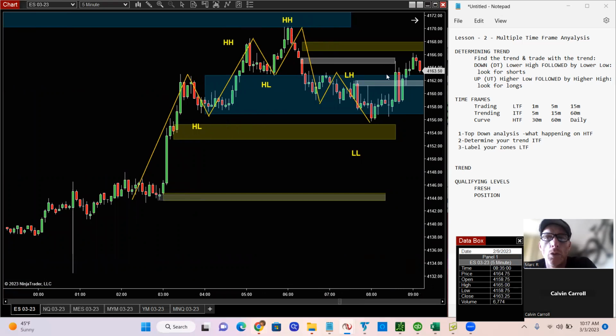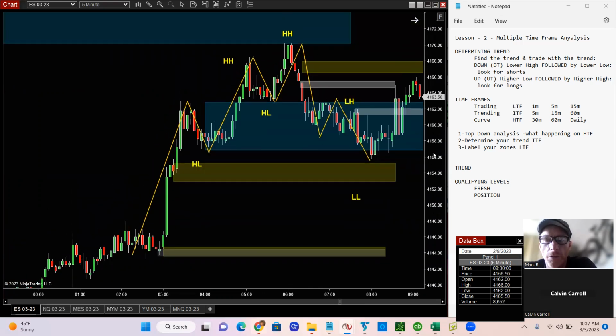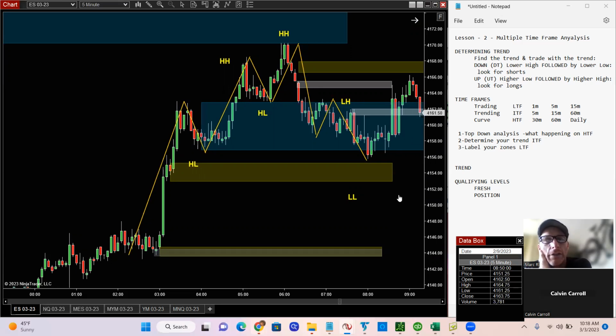So that 1 minute level did hold. It just didn't have enough juice to push through here. And for context, if you have a 30 minute, you're bouncing around near a 30 minute level anyway, so it's not surprising that this comes down here, can't seem to get through here, comes up a little higher, and then takes off to the downside. Okay.